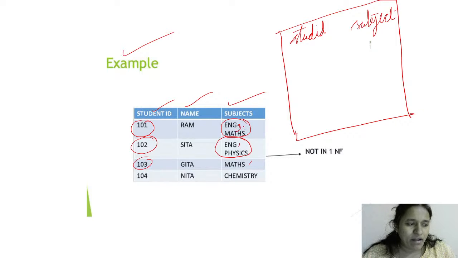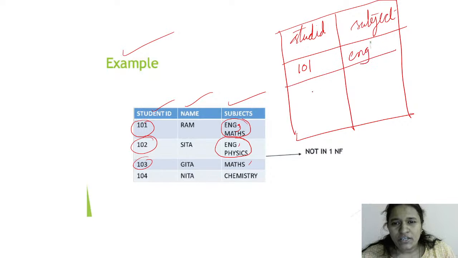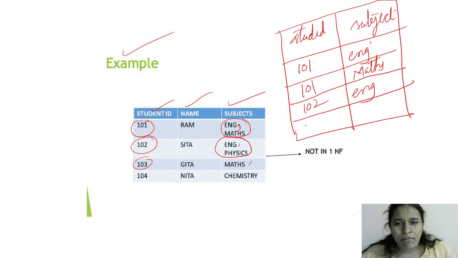That is the 1NF. Suppose this is student number 101 and English. Student number 101 is subject maths also. Again, student number 102 English. Student number 102 physics.